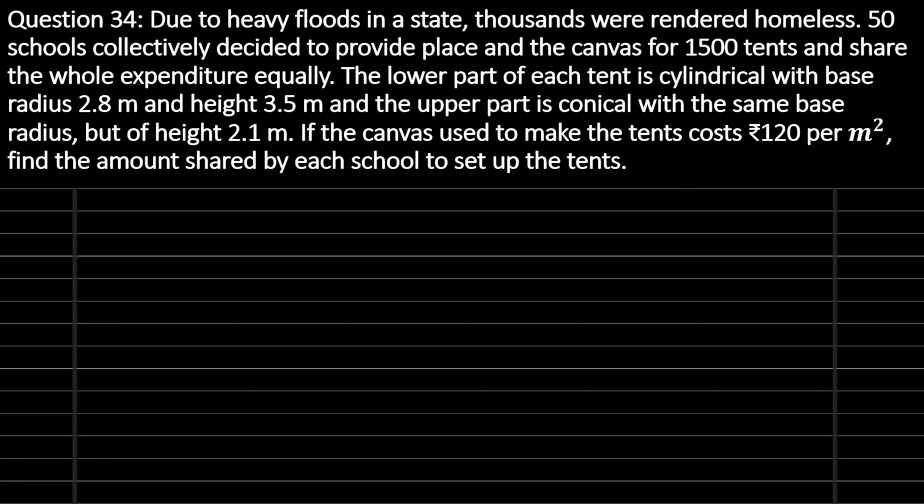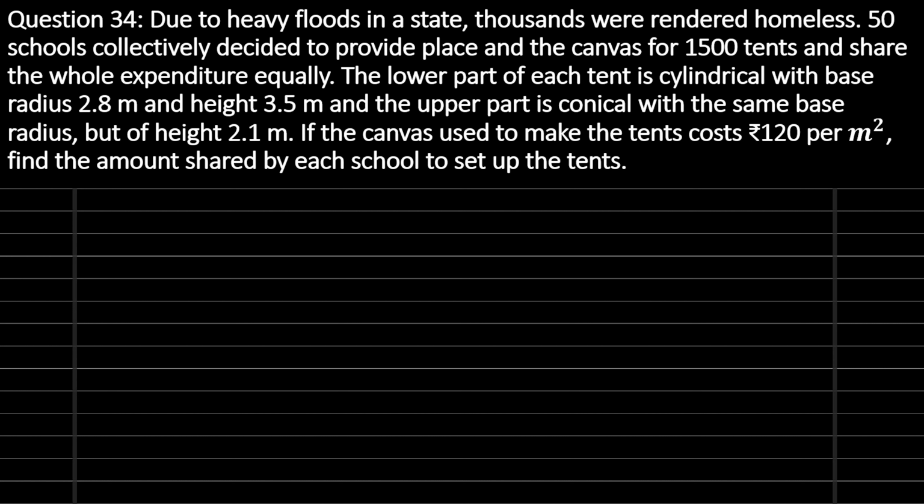Let's start solving question number 34. Due to heavy floods in a state, thousands were rendered homeless. 50 schools collectively decided to provide place and canvas for 1500 tents and share the whole expenditure equally.